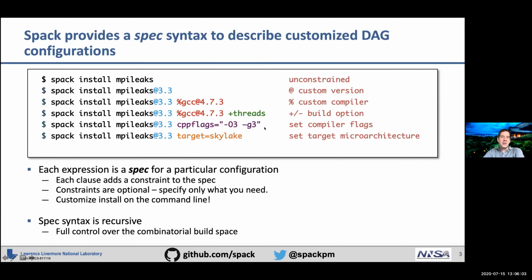And this whole syntax is recursive. You can specify all of these different constraints for your dependencies as well as for the root package. So you have a lot of control, which is something that HPC people tend to like. The idea is that you just specify what you need, and Spack tries to take care of the rest and spares you the details of configuring a large stack of software.